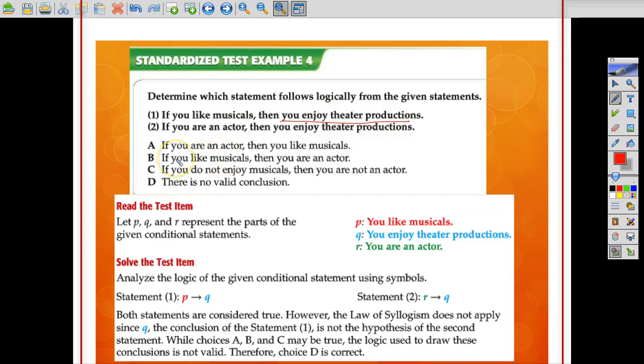Anyway, here there's no valid conclusion because it doesn't connect. The conclusion should be the hypothesis, the condition for the second statement for it to be true. But here, you can't really say anything about it. It's no valid conclusion.